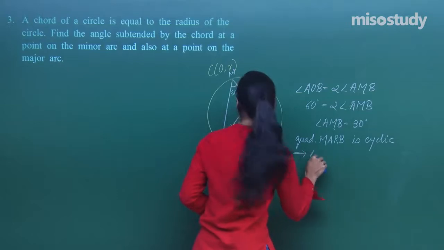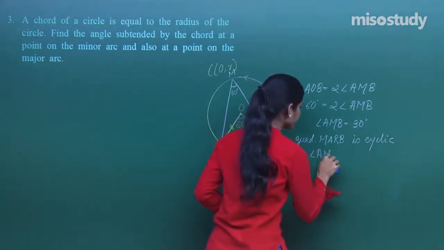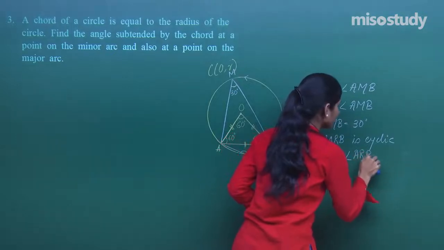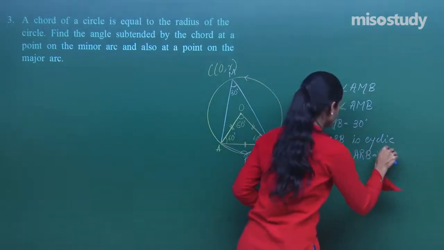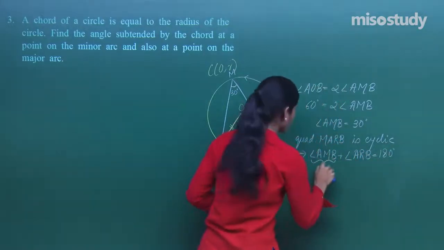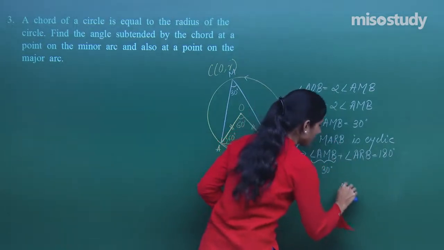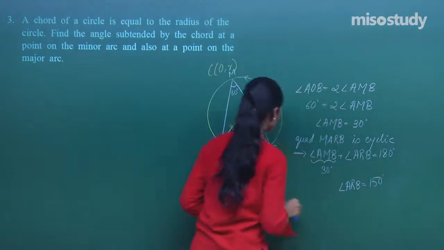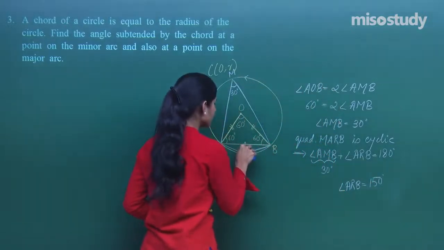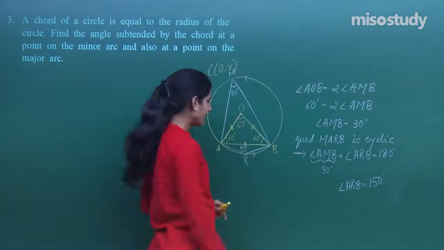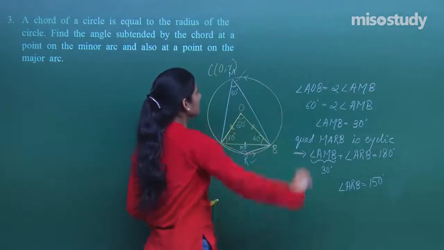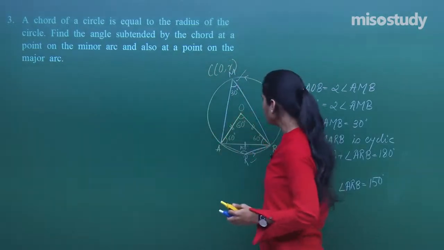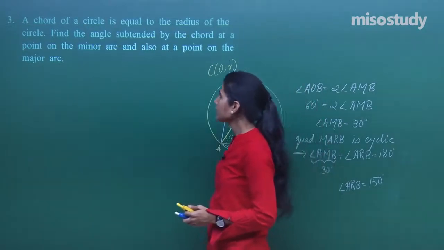This implies angle AMB plus angle ARB is 180. So angle AMB I know is of measure 30 degrees. So angle ARB will be 180 minus 30, which is 150 degrees. So this is 150 degrees. And I have found the angle which was subtended by this chord on the minor arc as well as on the major arc. Let's take a look at the next question.